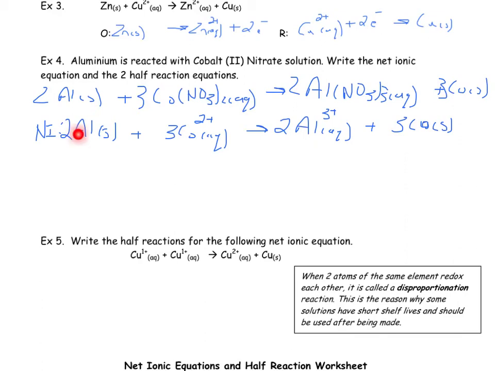Now my aluminum has a neutral charge and changes to a 3 plus, so therefore it gets oxidized. In order to balance the equation, I need 3 electrons on the product side.